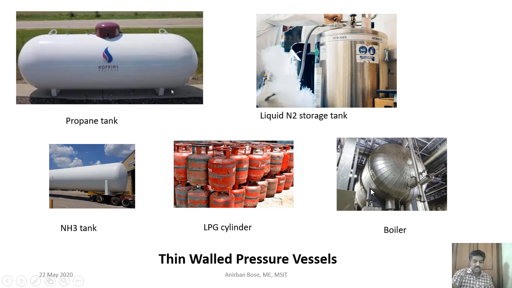So because of those pressurized gases or liquid, it produces pressure, and because of that, stress will come in the thin material of the shell, the pressure stress will come. Now what kind of stresses will come because of the internal pressure in these pressure vessels? Okay, so that we'll see.